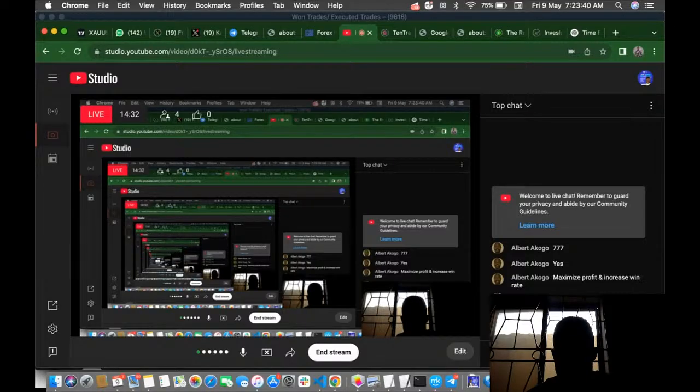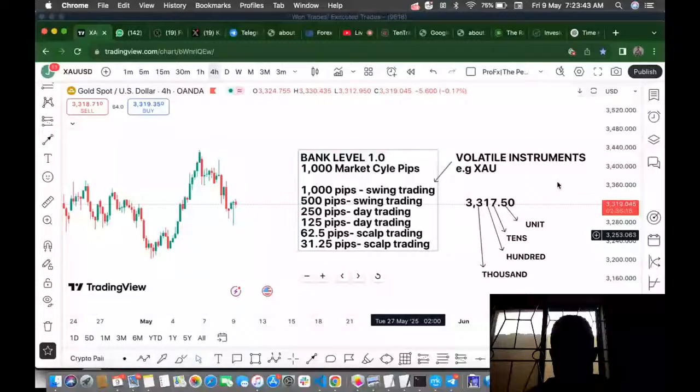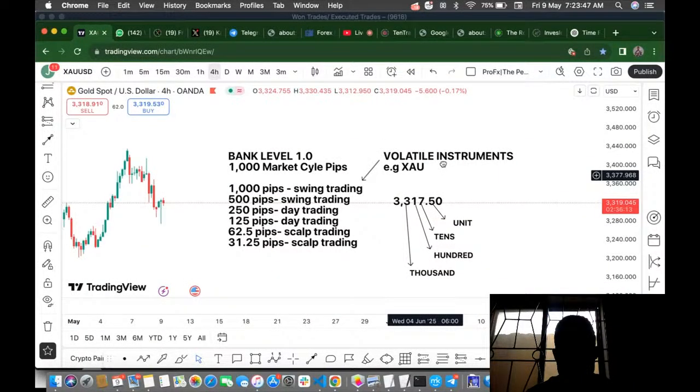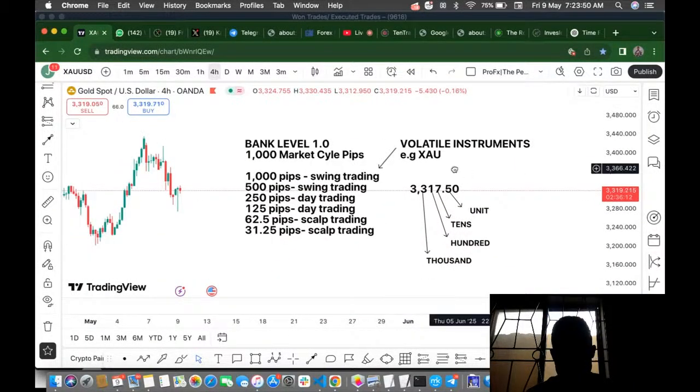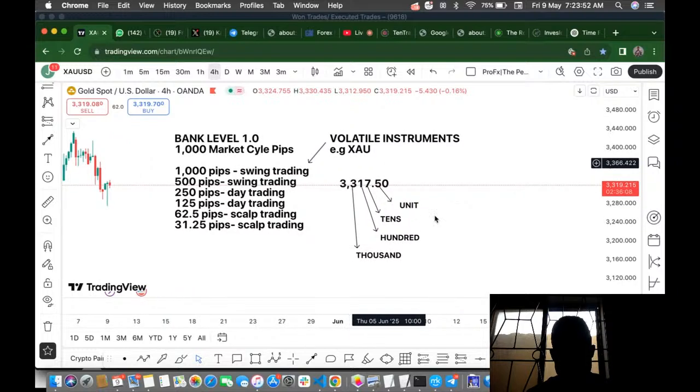All right, so next is now, how do you align your price level with your pips? I want to align our price level with the pip.